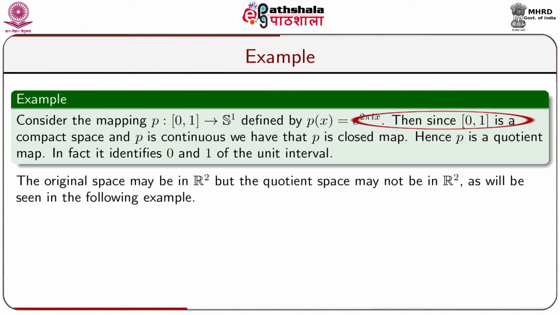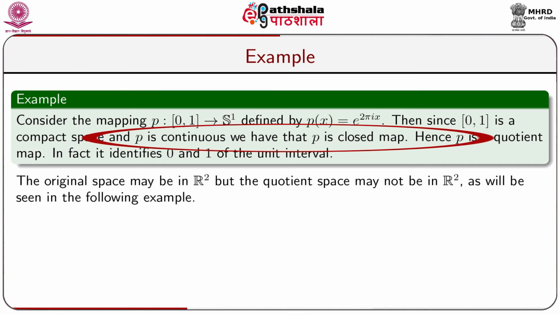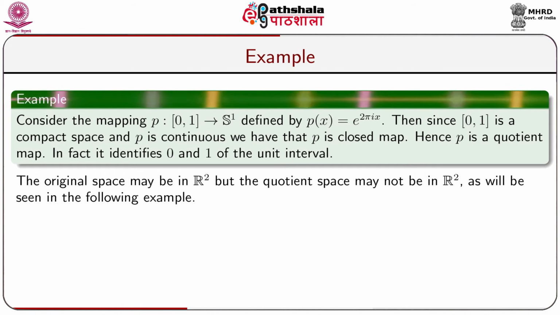Now, since the closed interval [0, 1] is compact, every closed subset of the closed interval [0, 1] is compact, and as p is a continuous mapping, its image under p is compact, and S1 being Hausdorff, we have that the image is closed.